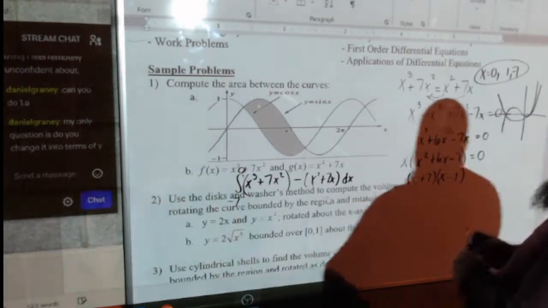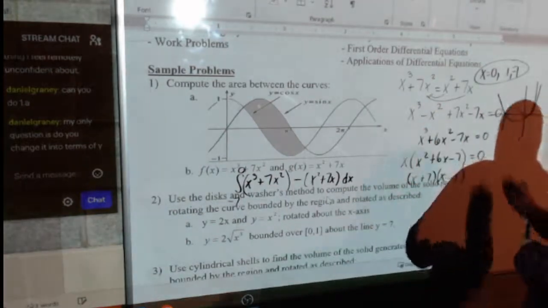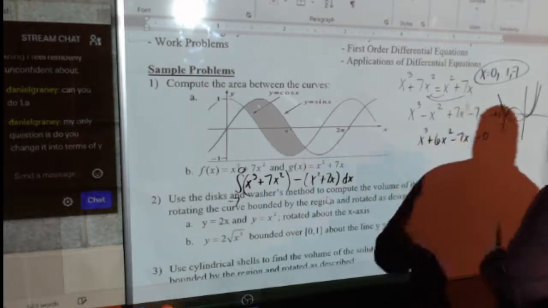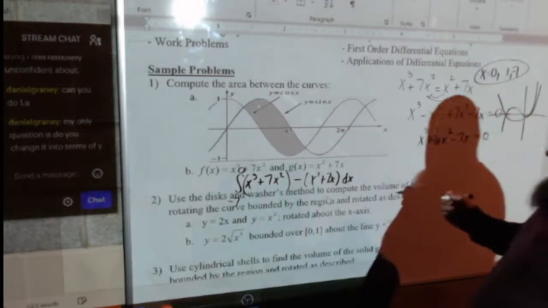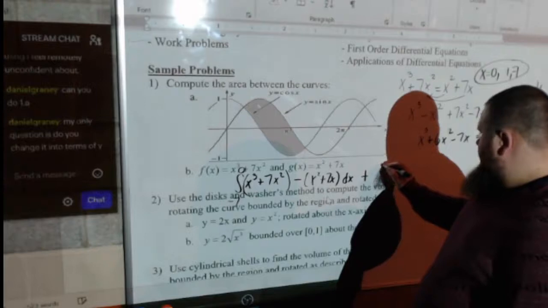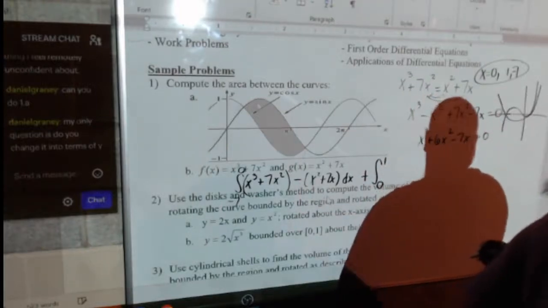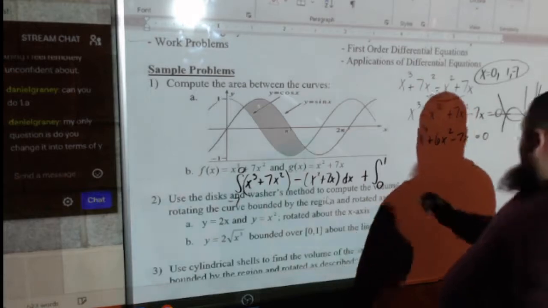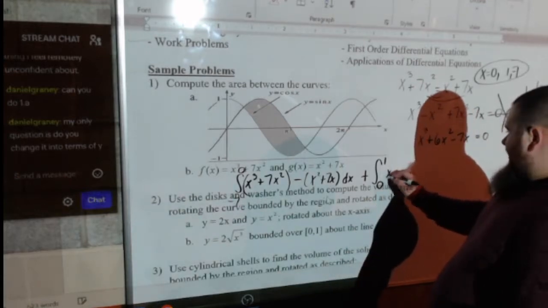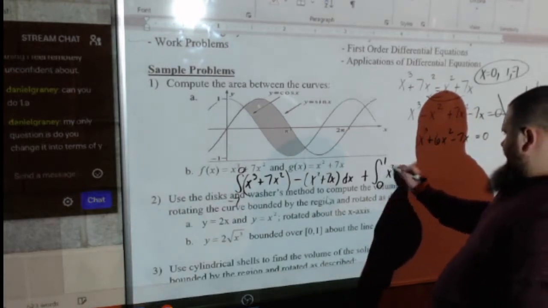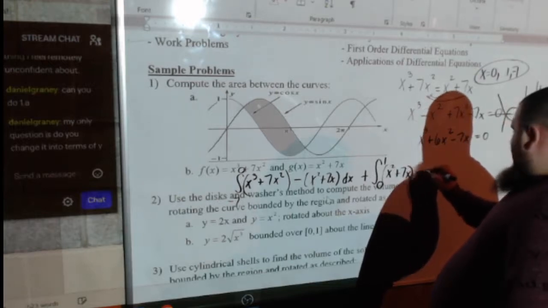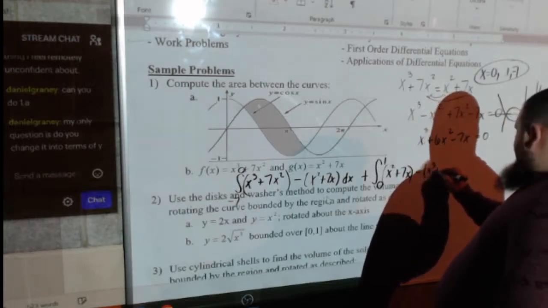And you would have to add to that, from 0 to 1, the quadratic on top minus the cube.